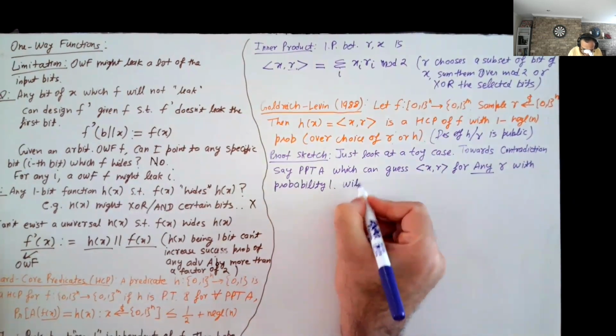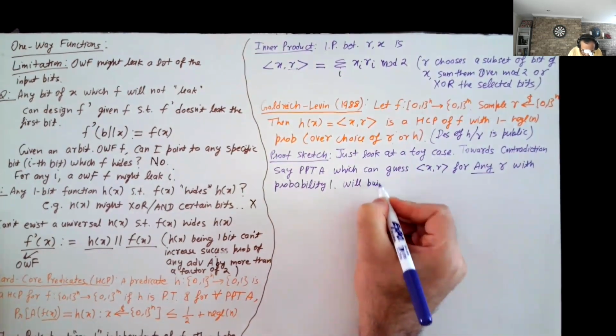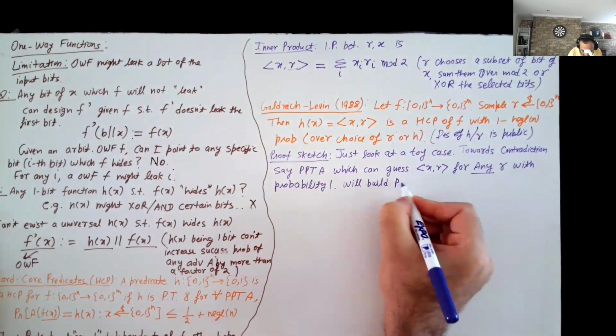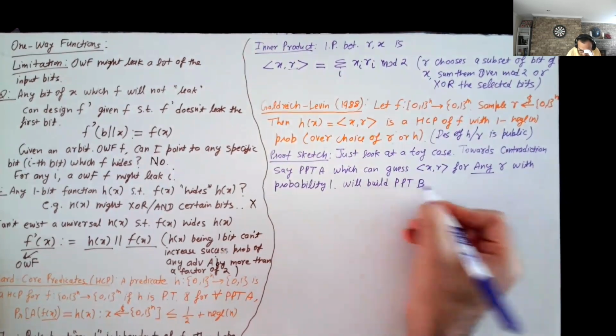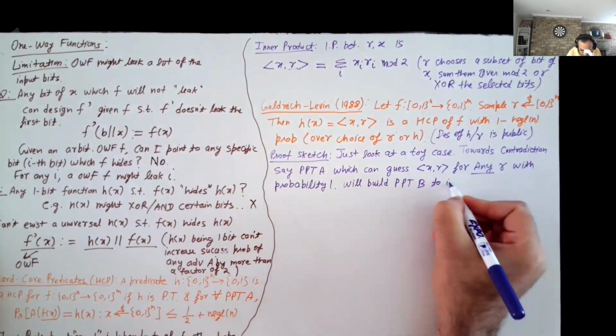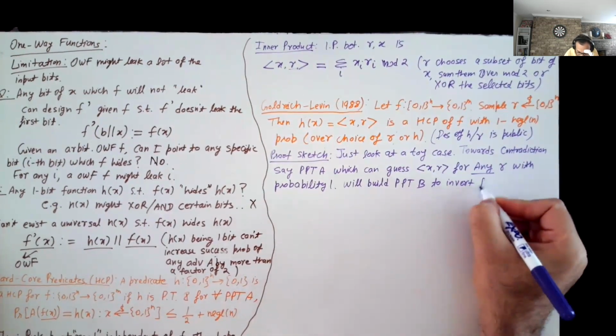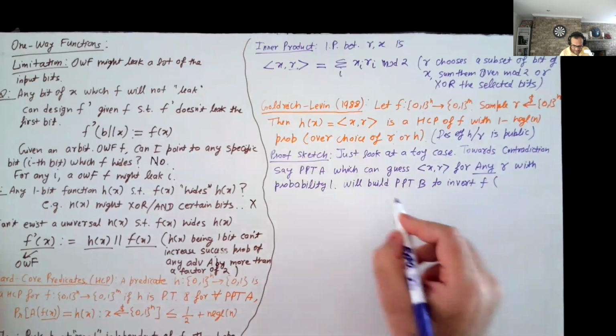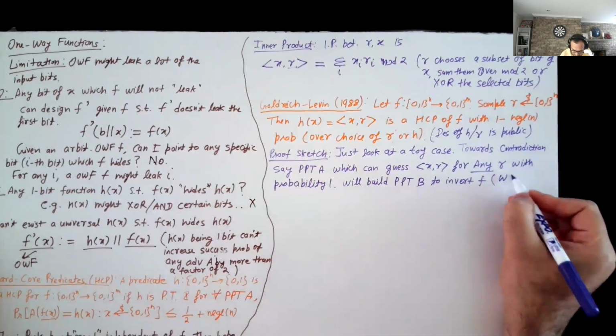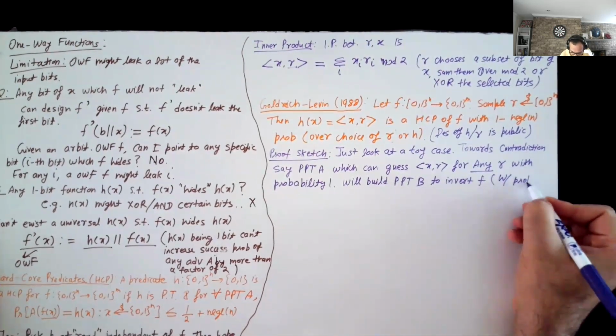So we will build another PPT adversary B to invert F, and in fact our PPT B will succeed with probability 1.